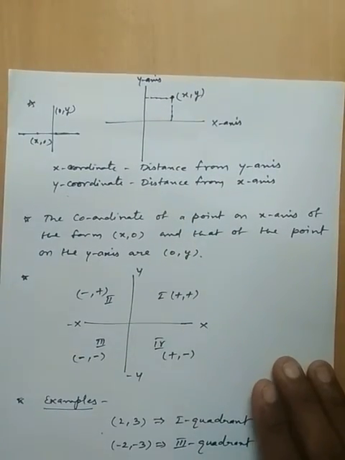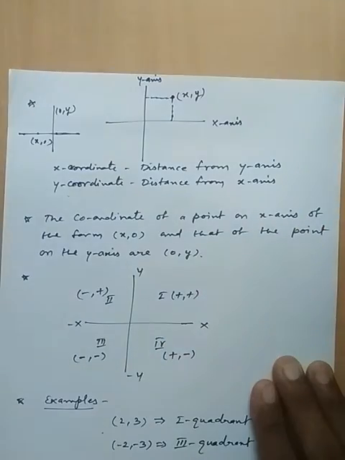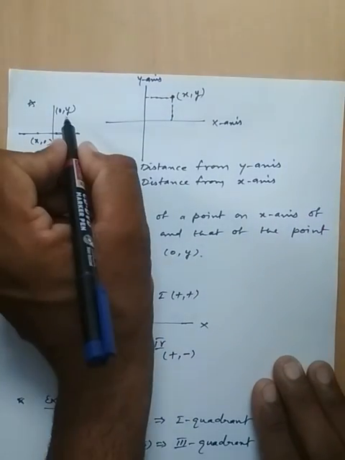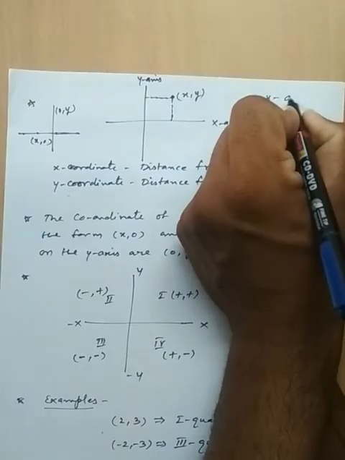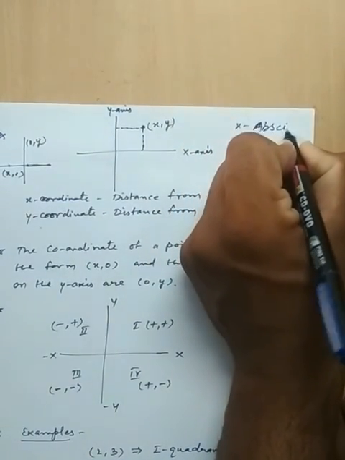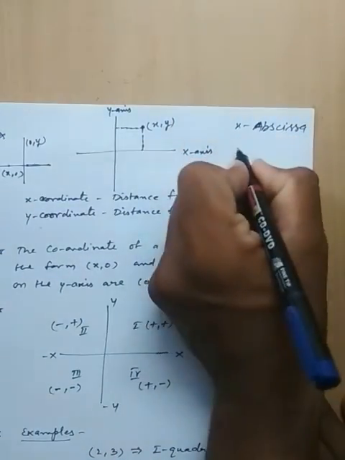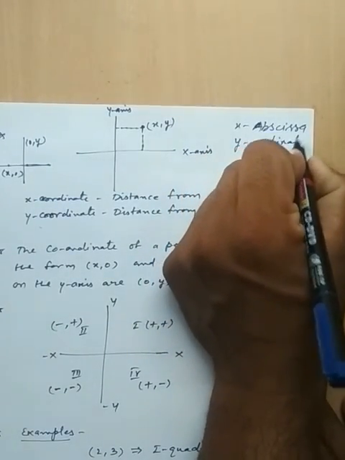Next thing is the x coordinate. The x coordinate is called the abscissa, and the y coordinate is called the ordinate.